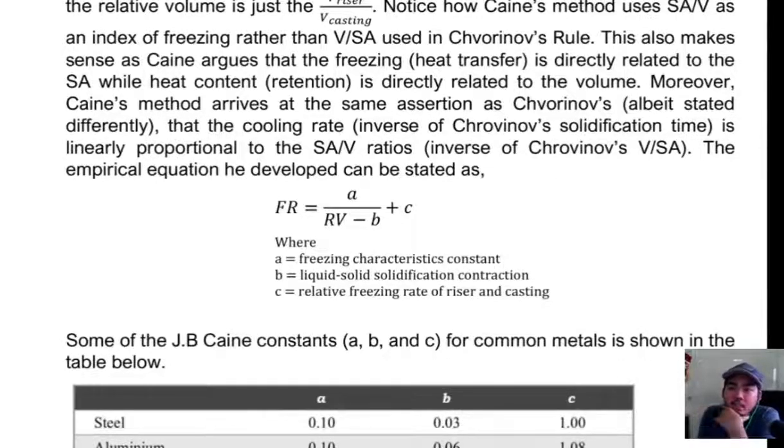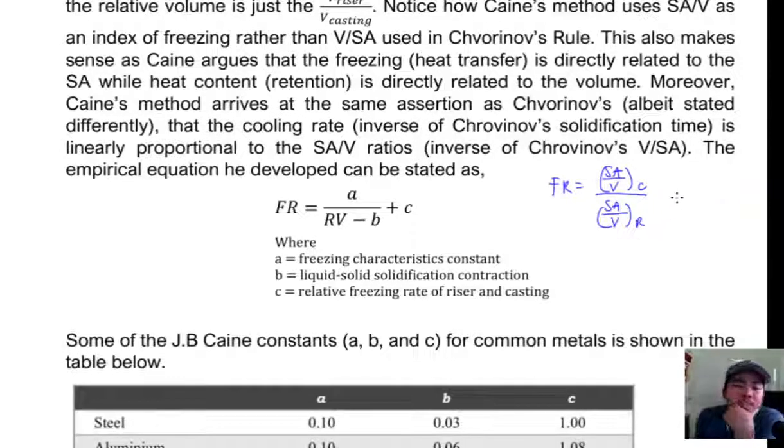Okay, so the freezing ratio is equal to the surface over volume ng riser over ng casting, I'll just say C, no? Ng casting over the riser.